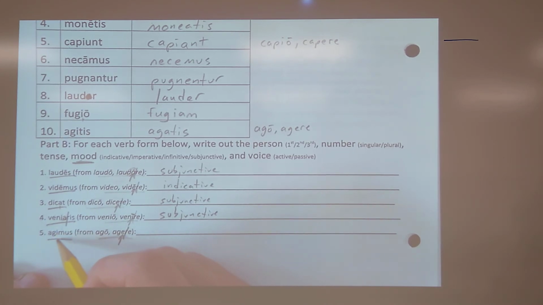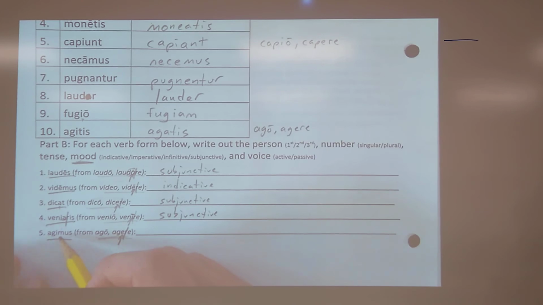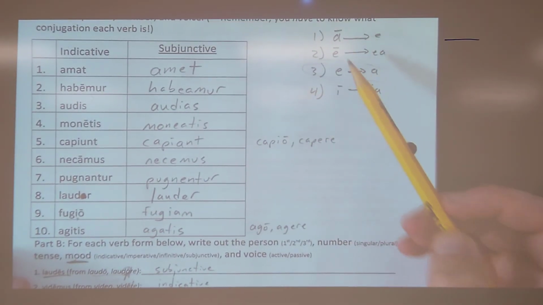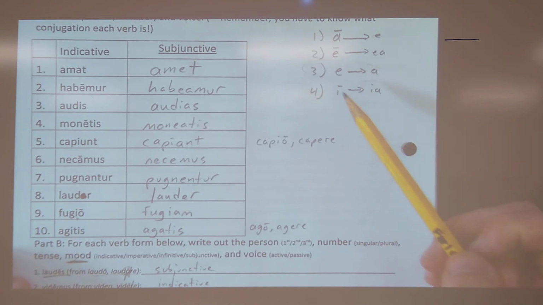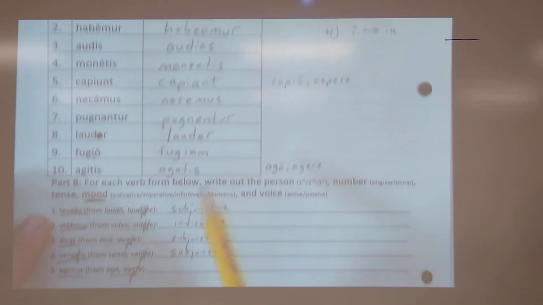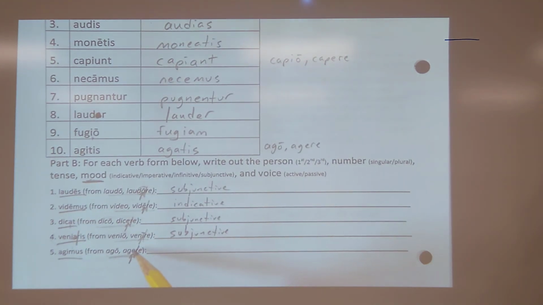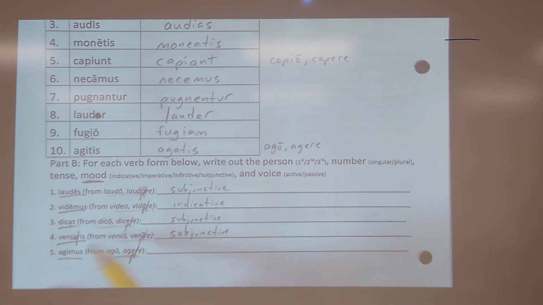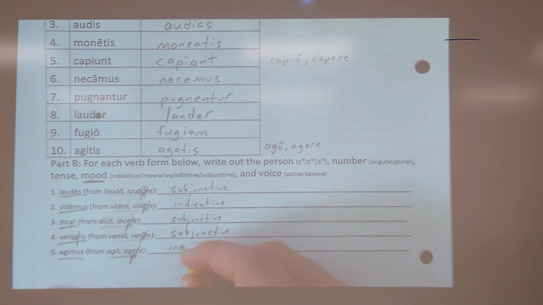Our stem vowel here is an I. Well, you don't see an E turn into an I in our chart here. That's because this is the normal change for the third conjugation in a regular situation, i.e. in the indicative. So even though it has a weird looking change, it's actually indicative.